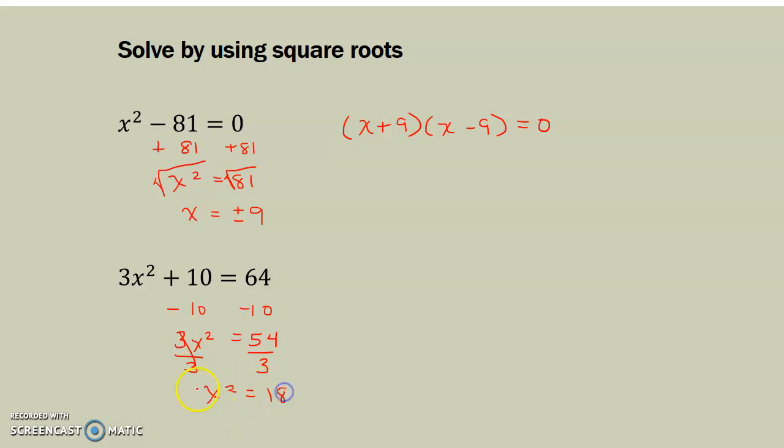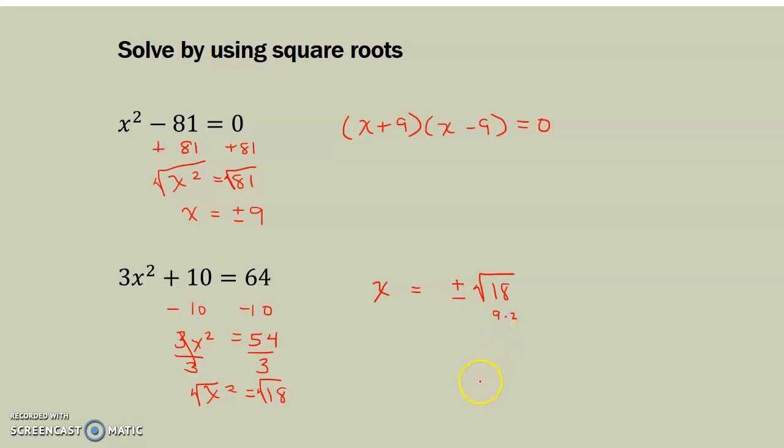equals 18. So now I'm going to take my square roots on both sides to solve for x. So I end up with positive or negative root 18. Now 18 is not a perfect square, doesn't have a perfect square root, but we can simplify this radical. So hopefully we remember that. 18 does have a perfect square factor of 9.